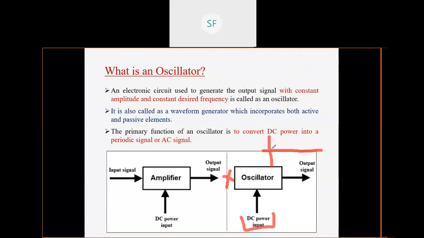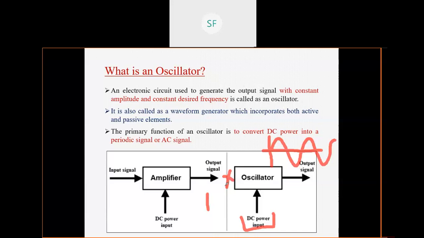It can be sinusoidal. Generally, a sinusoidal oscillator will give you a sinusoidal wave. So the output of the oscillator will be like this. So actually without any input signal, that is without any weak signal which you gave in the amplifier, you are getting a constant amplitude and constant frequency signal.